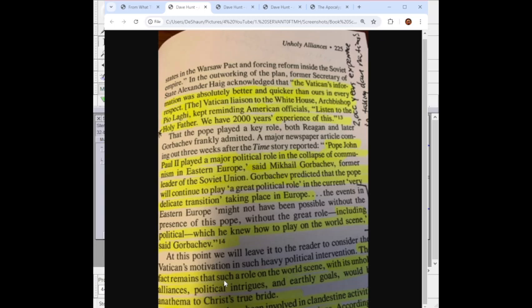The fact remains that such a role on the world scene, with its unholy alliances, political intrigues, and earthly goals, material gain, would be an anathema to the real bride of Christ, the true bride of Christ, okay?